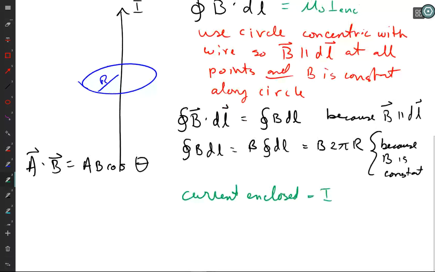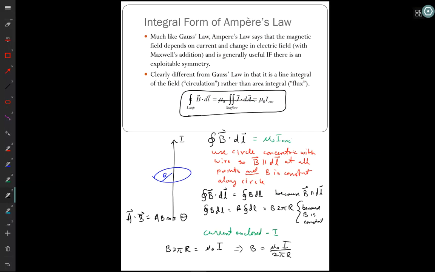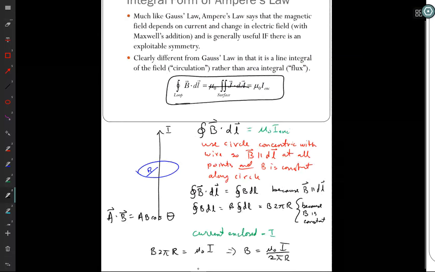So now that we have that all done, we set the integral of B dot dl equal to B 2 pi r, which is equal to mu naught times the current through, and therefore the magnetic field is equal to mu naught I over 2 pi r. So that's how we use Ampere's law.